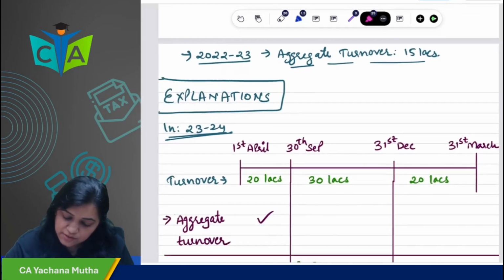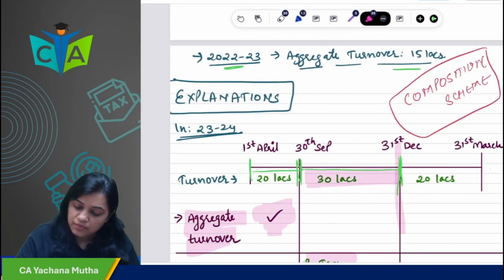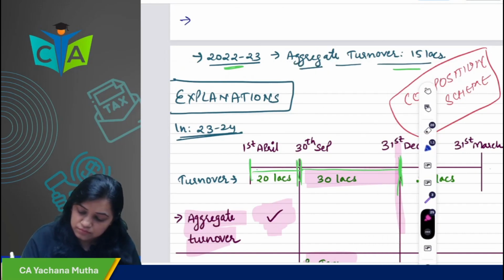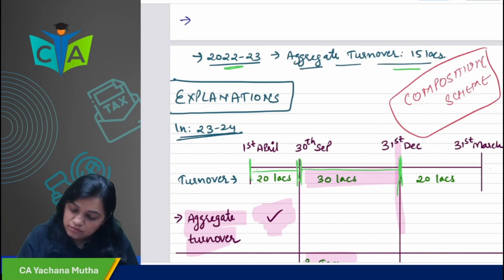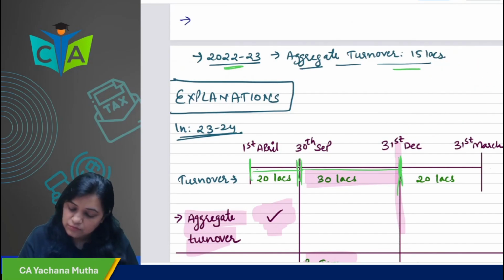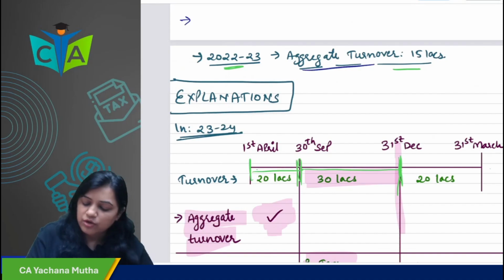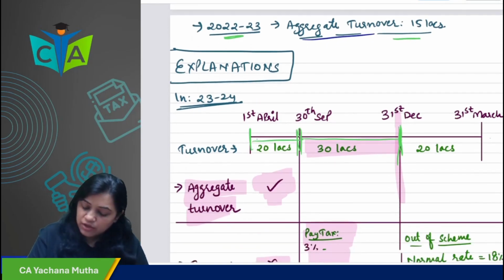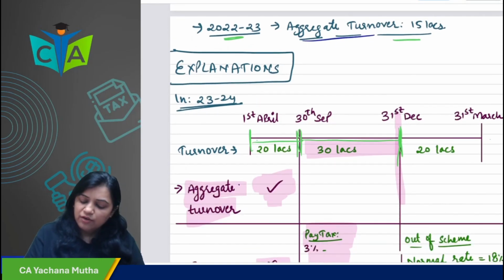See, what does this explanation want to say? For example, your aggregate turnover in 22-23 was 15 lakhs. This year you are opting for composition scheme, for example, under 10-2A. So for the purpose of calculating aggregate turnover of 23-24, from 1st April till the date you become liable for registration.